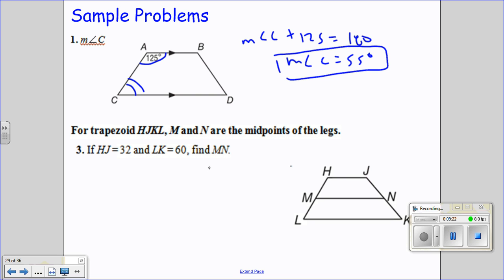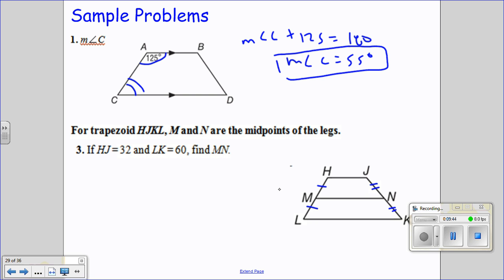And then it says on trapezoid H, J, K, L, M, and N are the midpoints of the legs. So I can indicate that by putting tallies, where this segment will be congruent with that segment, since M is the midpoint. JN is congruent with NK.